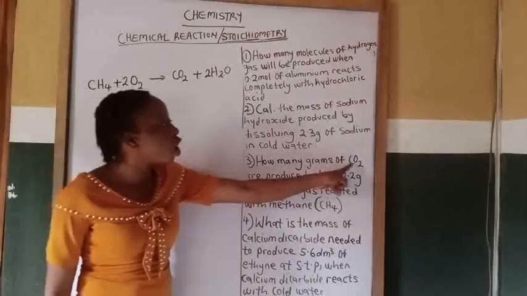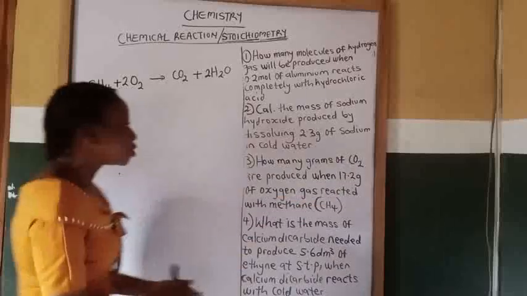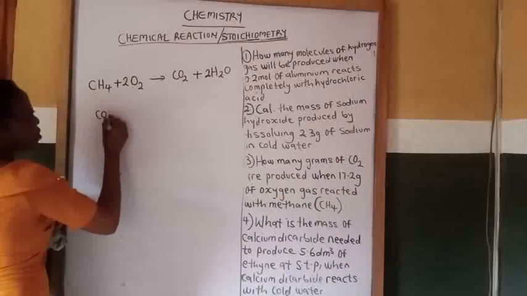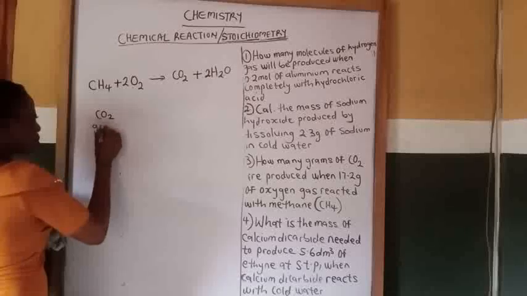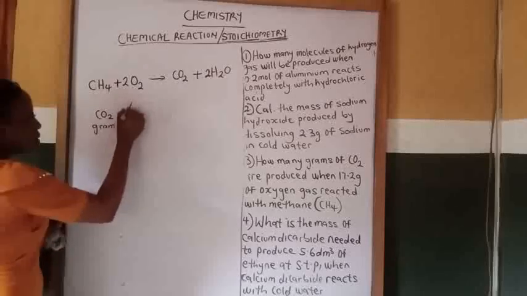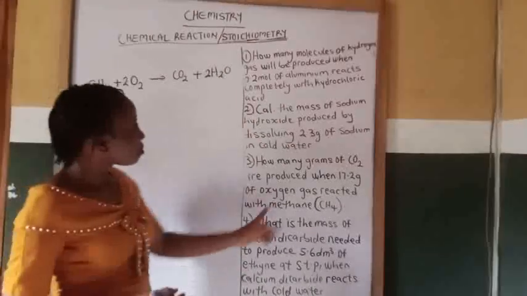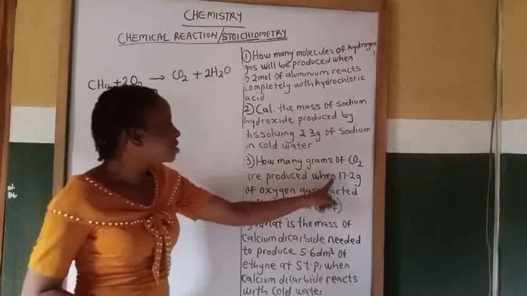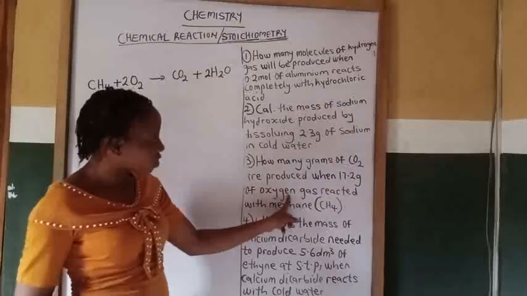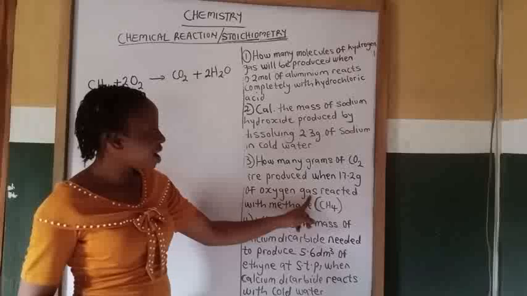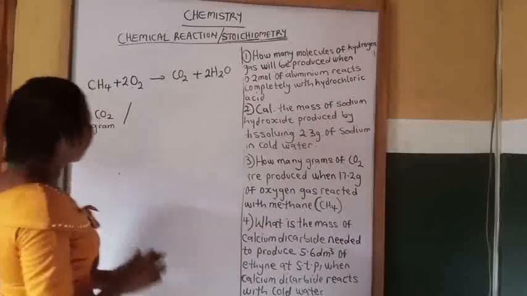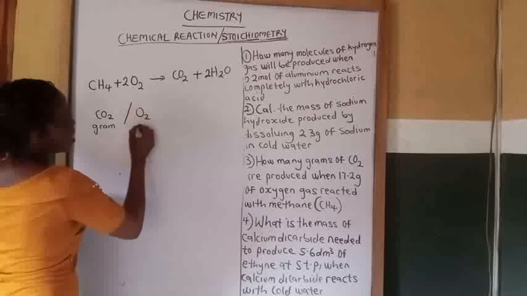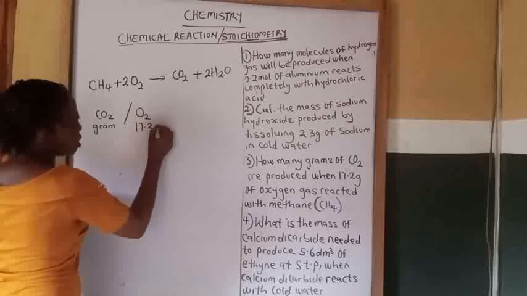How many grams of CO2? It shows that we need CO2, carbon 4 oxide, in gram. That is the mass. How many grams of CO2 are produced when 17.2 grams of oxygen gas reacts?